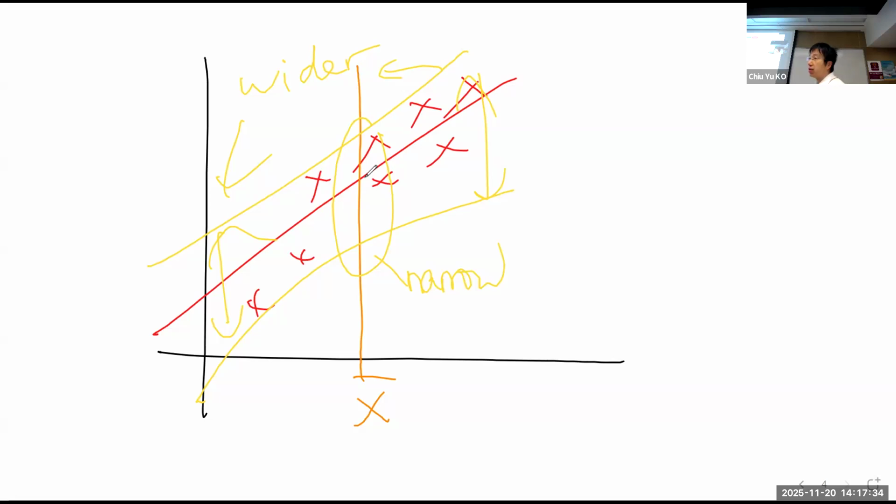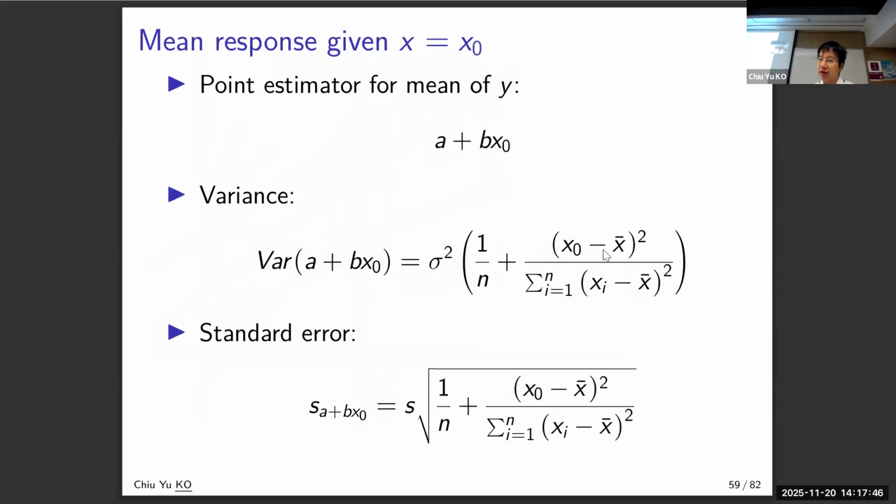When you're further away, you are less sure. So the CI looks like this if you try to plot it. Okay, but we'll talk about that. You will see why this is the case when we look at the equation. You will see the variance is proportional to how far away from the X bar the number is, much larger. Okay, we'll talk about this equation as I hint here after the break.